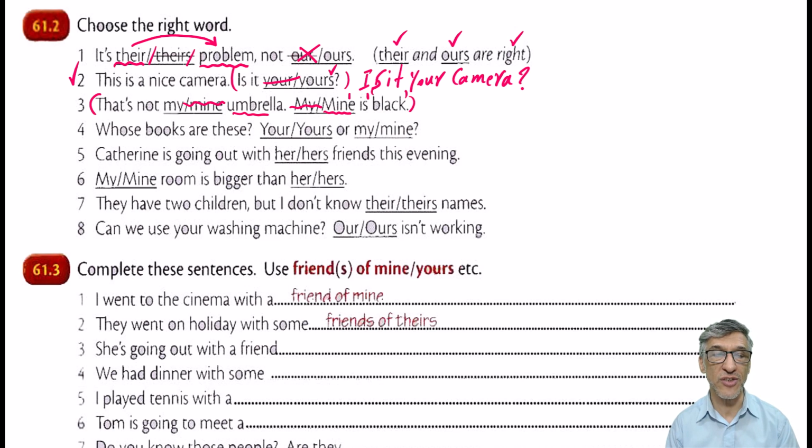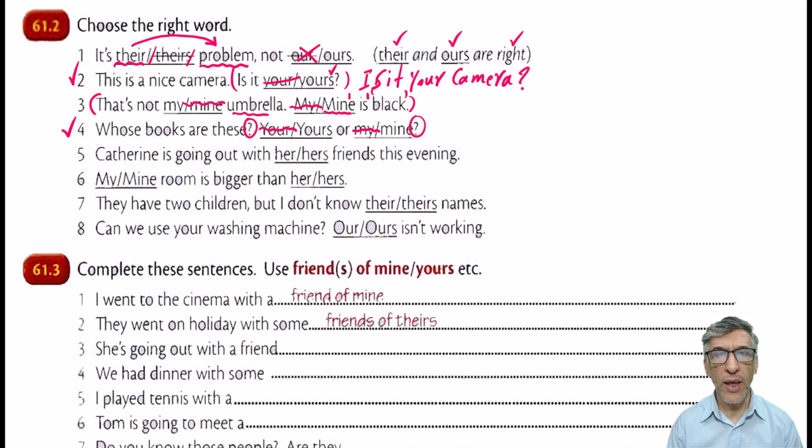The sentence is finished. Whose books are these here? We have got the question. Yours or mine? Not your book. We don't have book here. So we don't have my books or your books. No. We say yours or mine. This is another kind of question. Two questions. This is very important. Write it in your notebook.